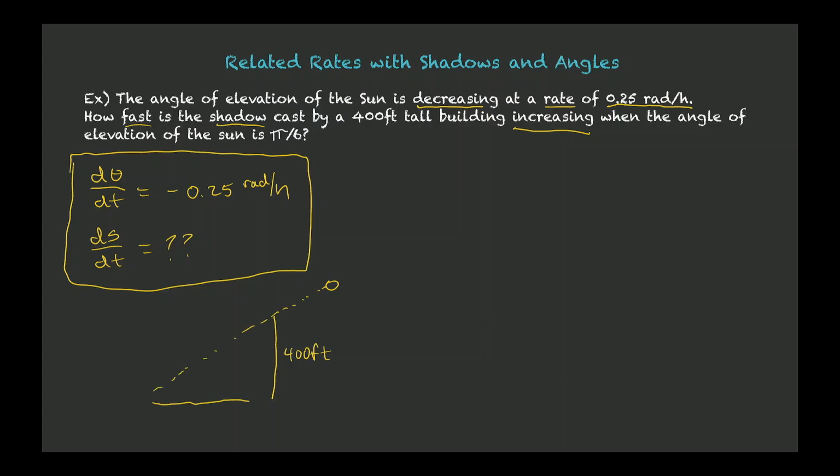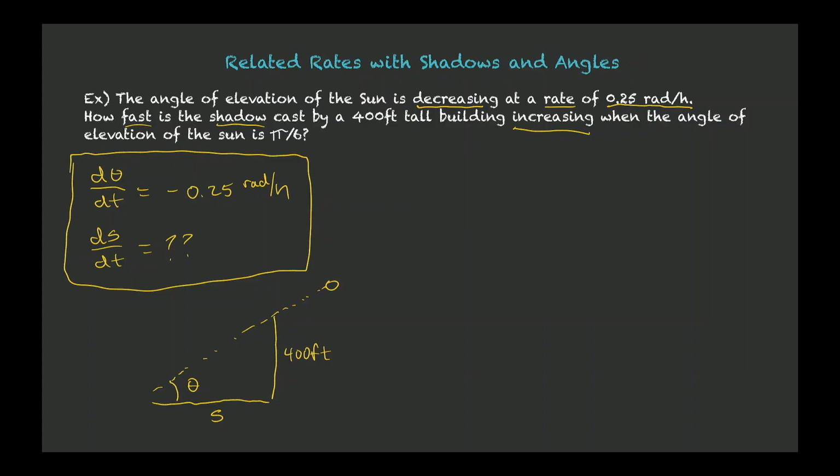The length of the shadow is changing as the sun sets. We'll call this s. And the angle that the shadow makes with the sun's ray, we'll call the angle of elevation, and we're going to call that theta. Now we need some trig function that relates together these things given in this problem.